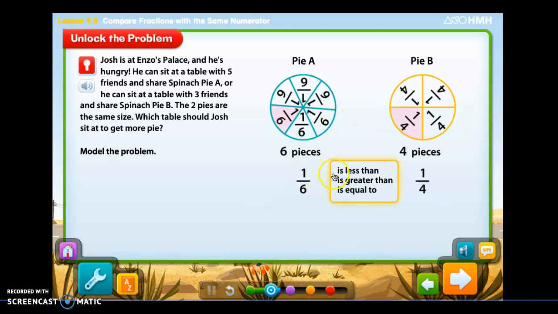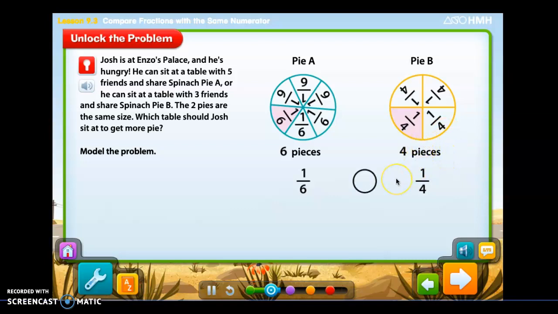Yes. But the pie B is like the big pieces, and the pie A is like little pieces. Right? So isn't pie B greater than pie A? I guess, yeah. Let's see. 1/6 is less than 1/4.